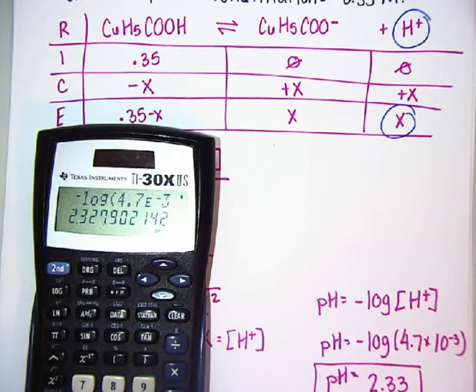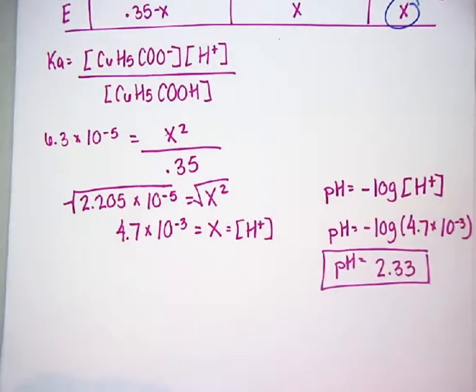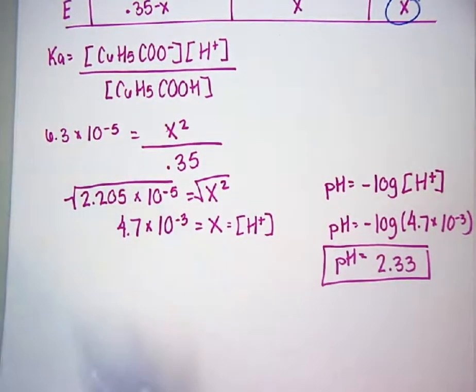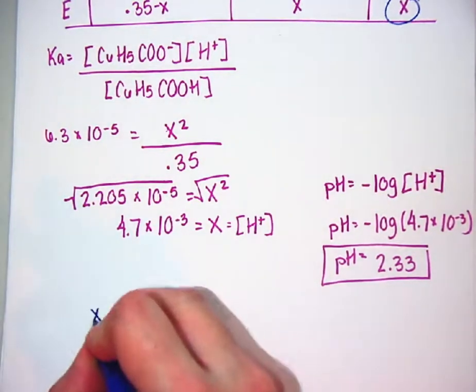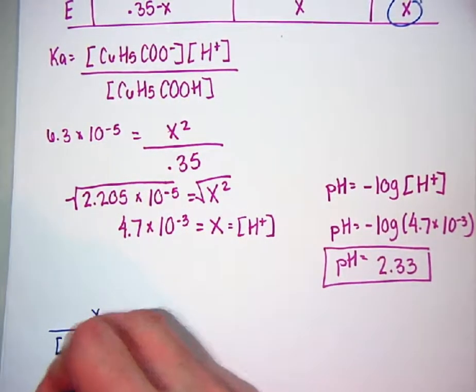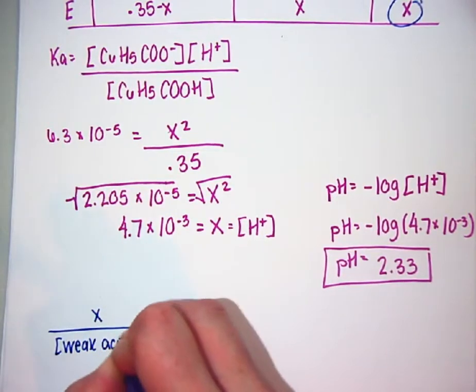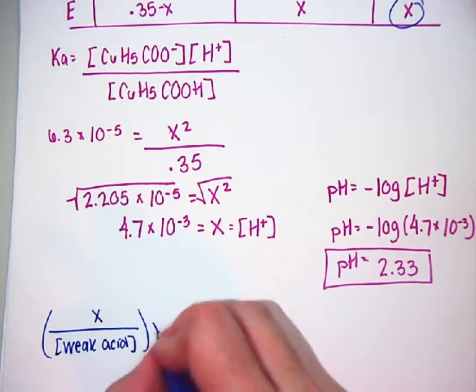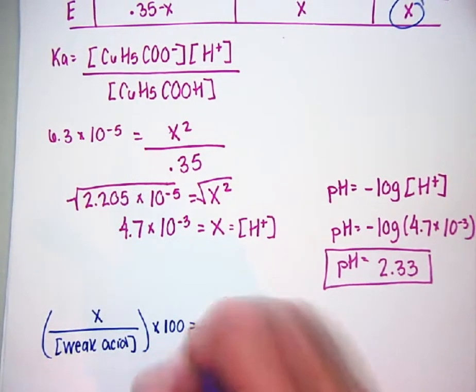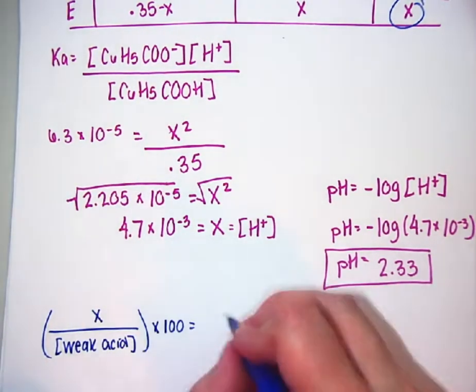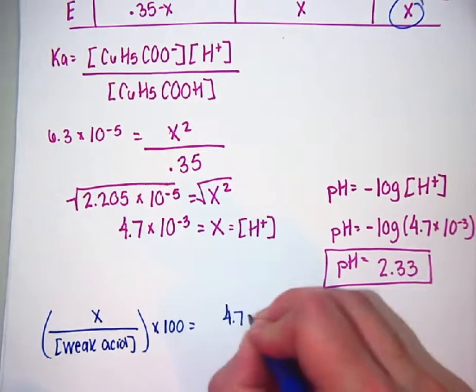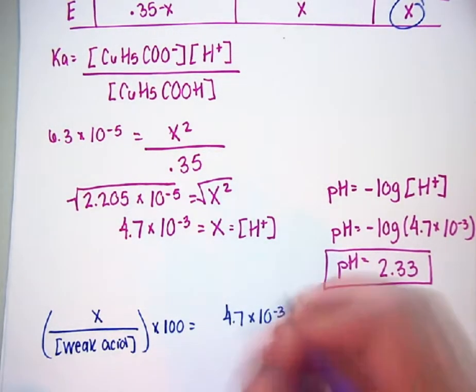Again, for this class, we're always just going to assume that X is negligible, but if you want to be sure, you don't want to take the shortcut, check X divided by the concentration of the weak acid. If it's less than 5%, it's okay to drop X. X was 4.7 times 10 to the negative third.